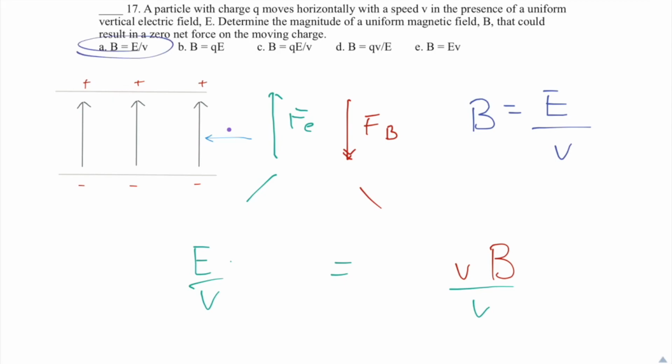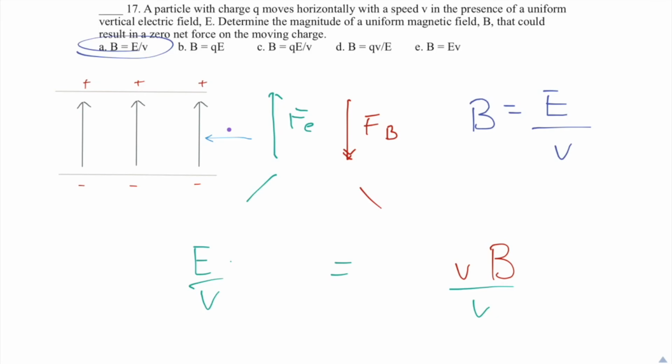So just to recap, the way we got that is by recognizing that the force from the electric field is going to be moving in either an up or down direction, because this is just the way I drew it, but it just tells us that it's vertical. It doesn't tell us whether it's a positive or negative charge, but essentially it's going to be moving either downward or upward.